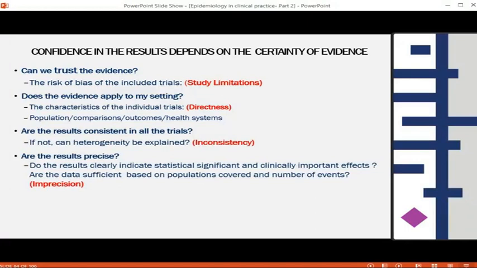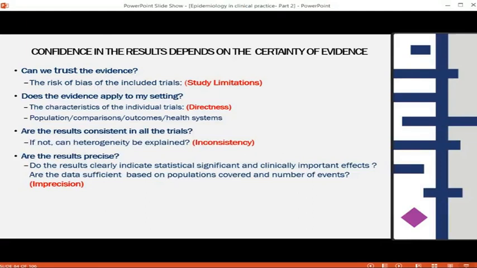Now, what I mean by precision here is, you've got two ends of a confidence interval which give you the best estimate and worst estimate of the effects of that intervention. Now, you have to ask yourself this question: if the actual result was the best estimate, would I use the result? Would I actually say, yes, I want to use it, or I won't use it?